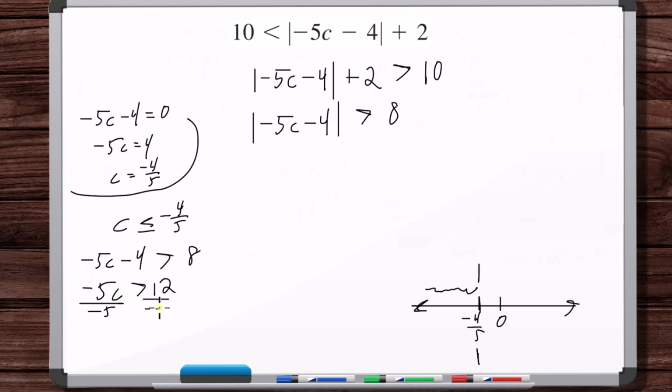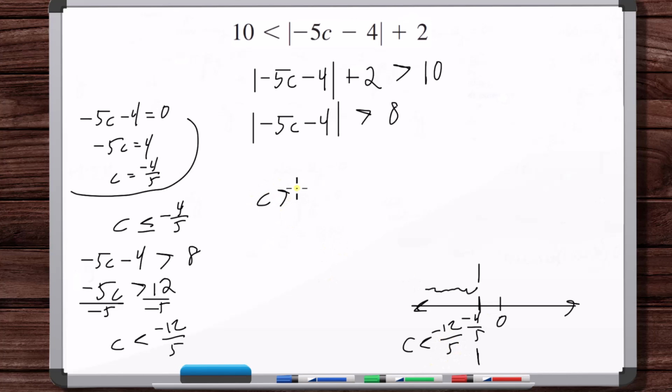Divide both sides by minus 5. c is less than minus 12/5. Flip the inequality. Okay, where do these cross? So c is less than minus 12/5, and c is less than or equal to minus 4/5. That's going to be c is less than minus 12/5.